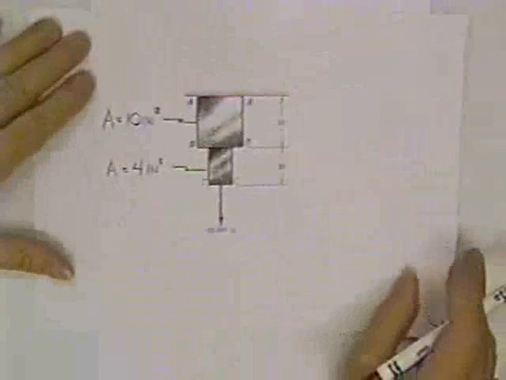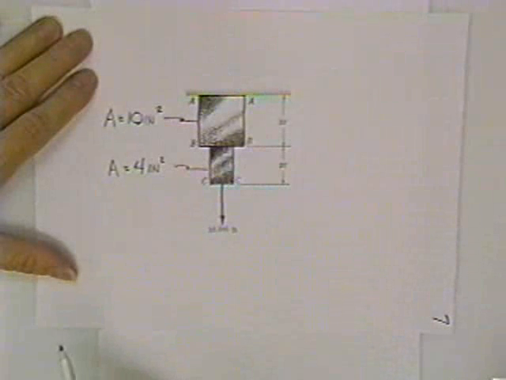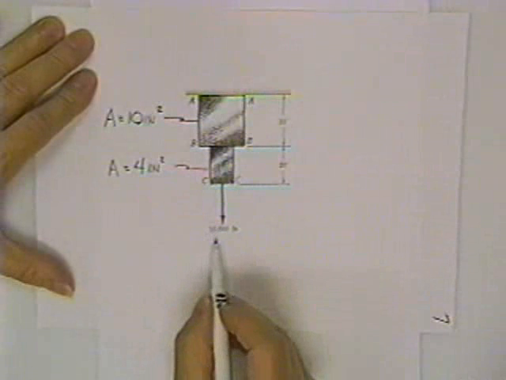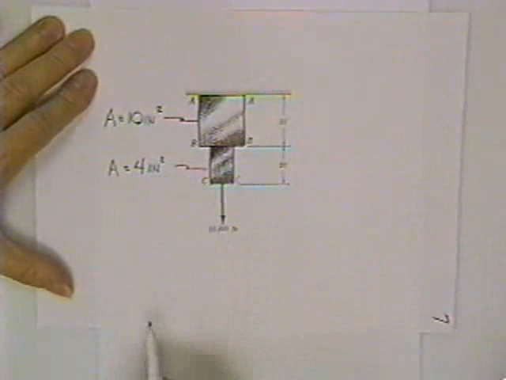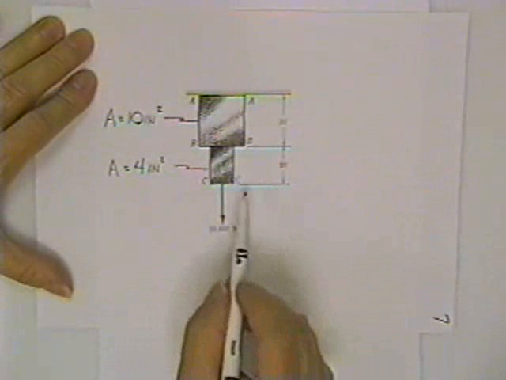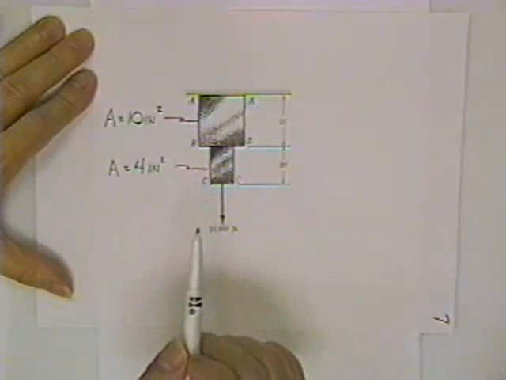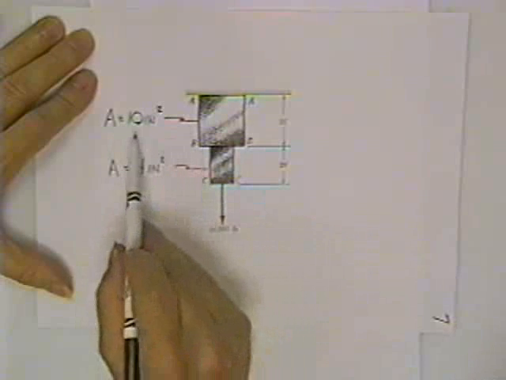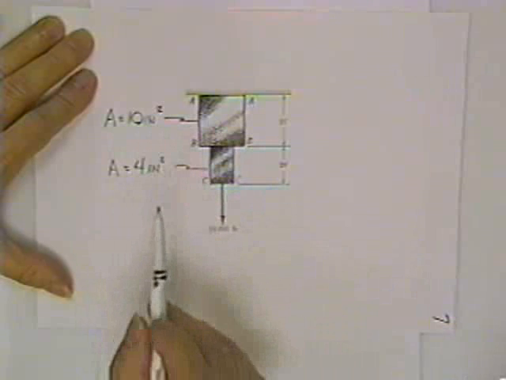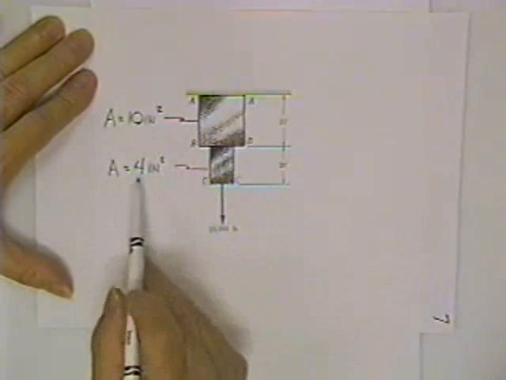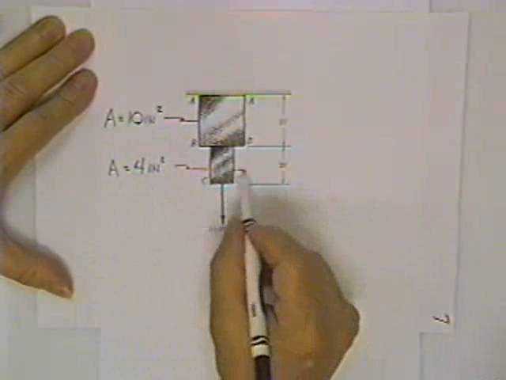For an example of the calculation that you might be asked to perform on a quiz, someone has a 10,000 pound load supported on a piece of steel, perhaps. The top bar has 10 square inches of cross-sectional area, and the lower bar has 4 square inches.